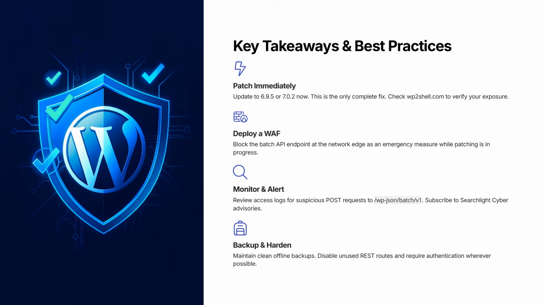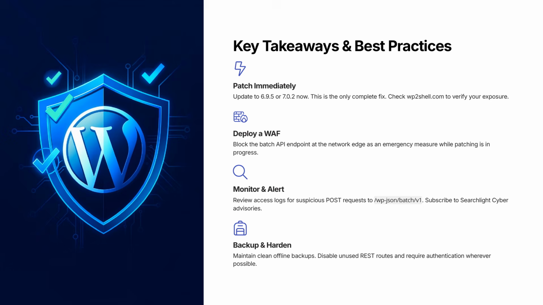The key takeaways are straightforward. Patch immediately by updating to version 6.9.5 or 7.0.2, because that is the only complete fix. If you need to confirm whether a site is exposed, check wp2shell.com. While patching is underway, deploy a web application firewall and block the batch API endpoint at the network edge as an emergency control.